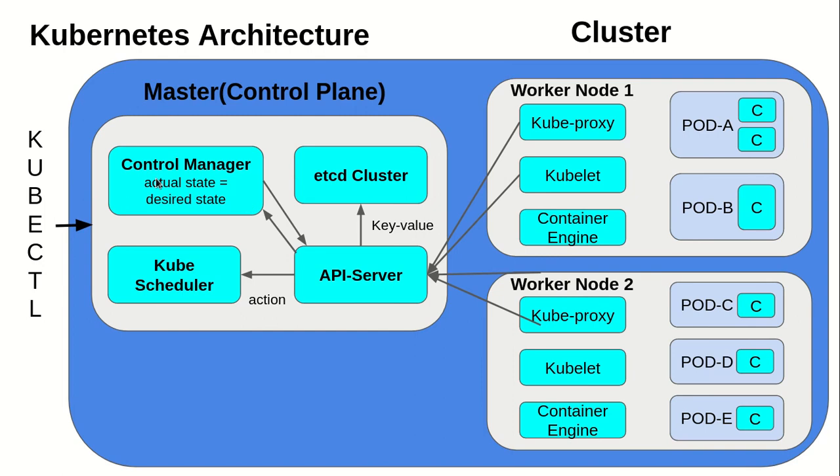Now the thing you need to remember after the API server is the control manager. The control manager will basically make the actual state equal to the desired state. Let's take an example: I want to create 4 containers. This is my desired state. But the worker node has created only 3 containers for me.